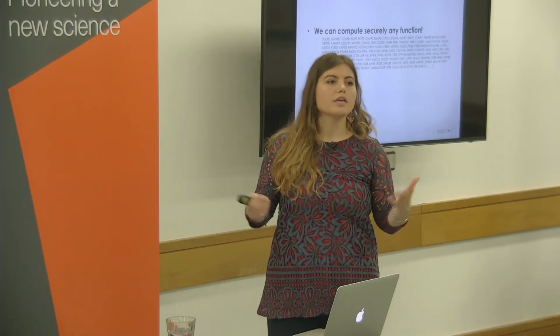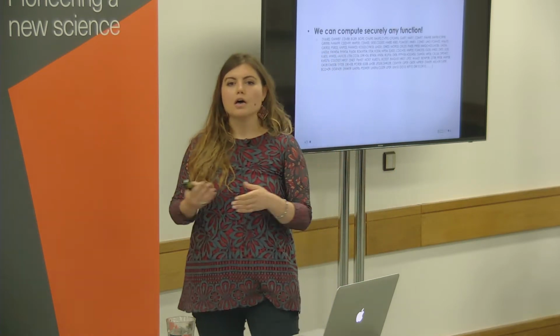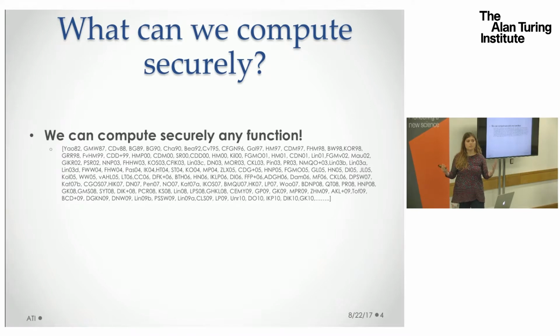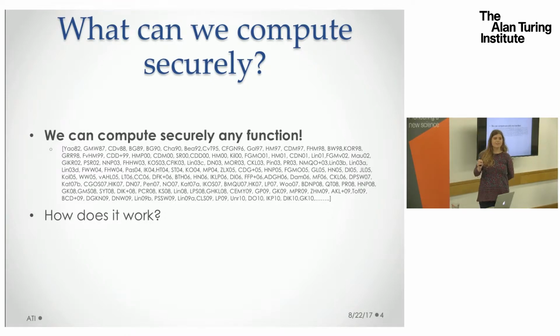I gave you the example of queries over a database, but we can take any function that we want to compute jointly on distributed inputs, and we know how to do it with cryptographic protocols. I'm not going to go into the history of secure computation. But I also want to answer in two sentences the question: how do we achieve this?